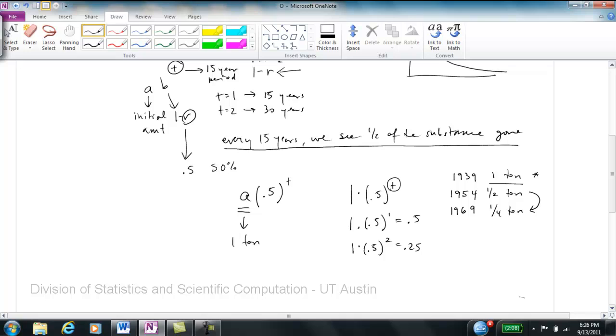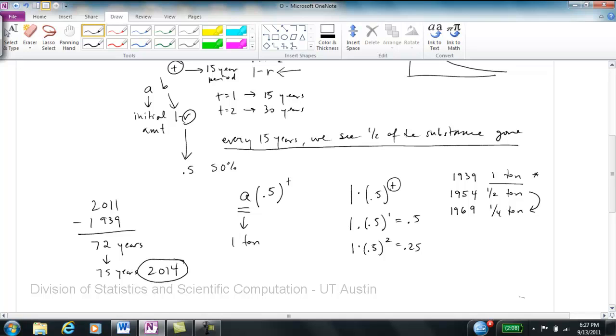So, how are we going to figure out now this time frame? Well, 2011 minus 1939 is equal to 72 years. 72 years is not divisible by 15. So let's move up to 75 years, which is going to be in 2014.